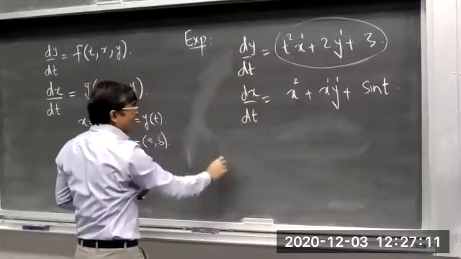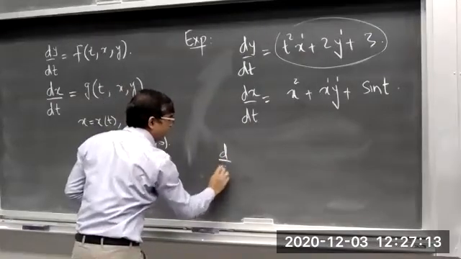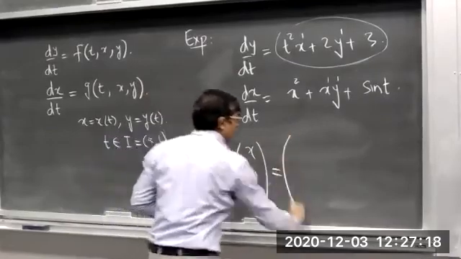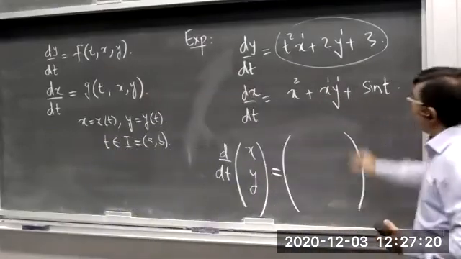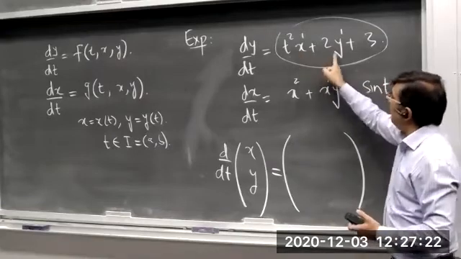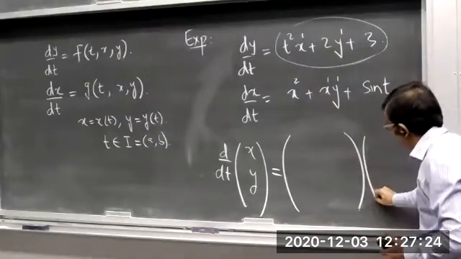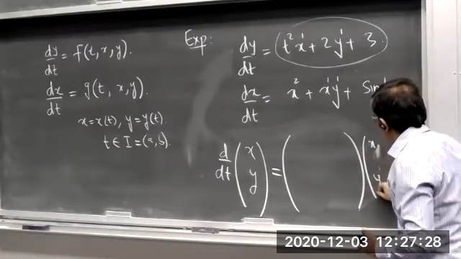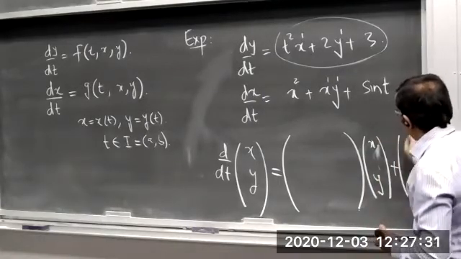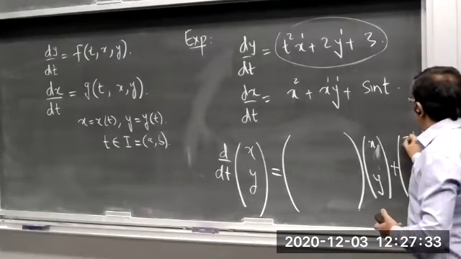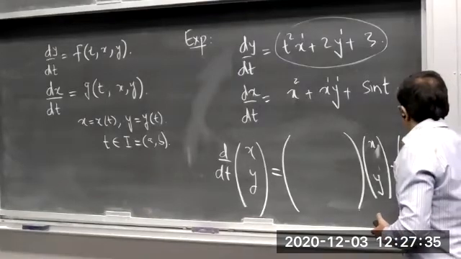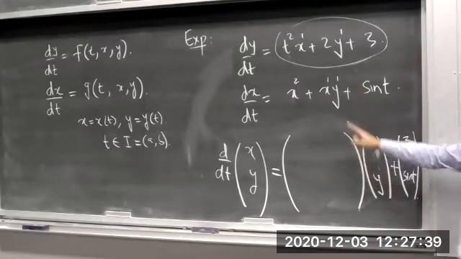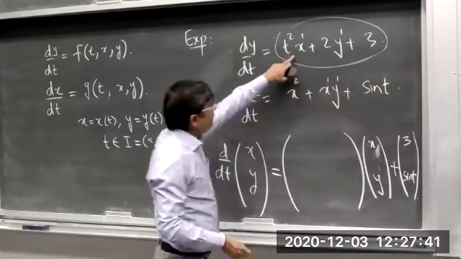On the left-hand side, we can write d by dt of (x, y), equal to, we have to write the coefficients of x1 and x2 into a matrix, and here we have to write x and y, plus some vector which doesn't involve them, here 3 sin t. Can we separate the coefficients of x and y in the first equation?